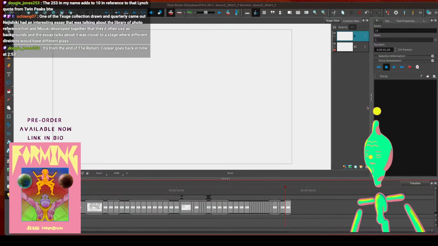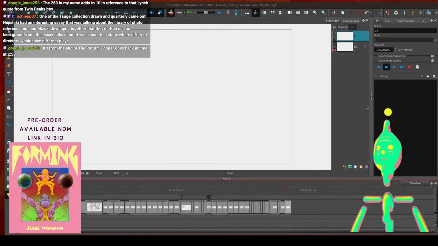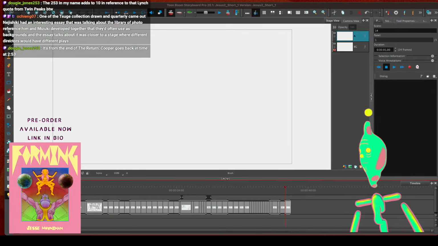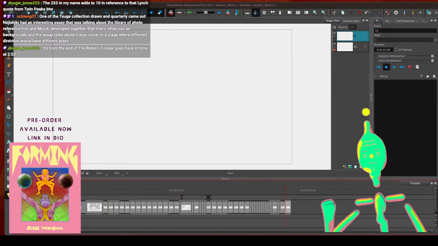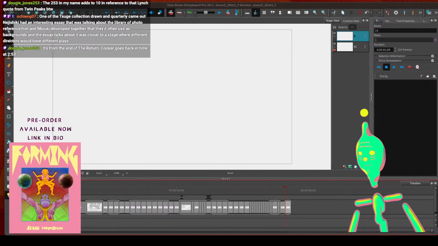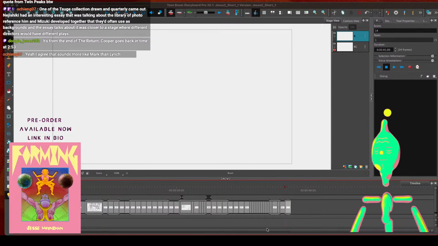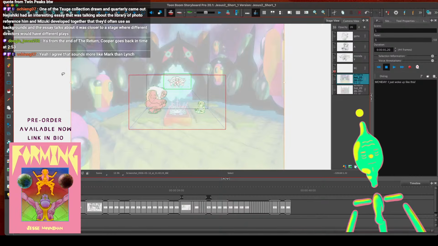Cooper goes back in time at 2:53. Oh, that's interesting. Sometimes I wonder if some of the more, I don't know, there's definitely some of the more conspiratorial aspects of Twin Peaks. I think were influenced by Mark Frost. I think the Tulpa stuff maybe was more David Lynch. I always wonder, you know, Mark Frost doesn't get a lot of credit sometimes.